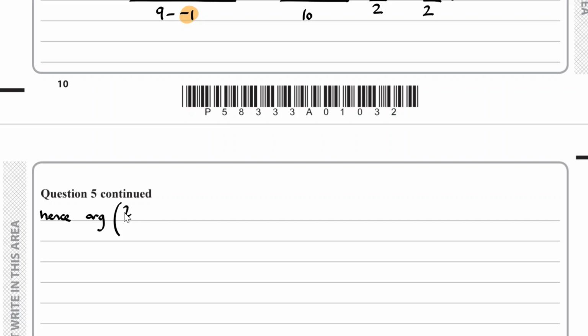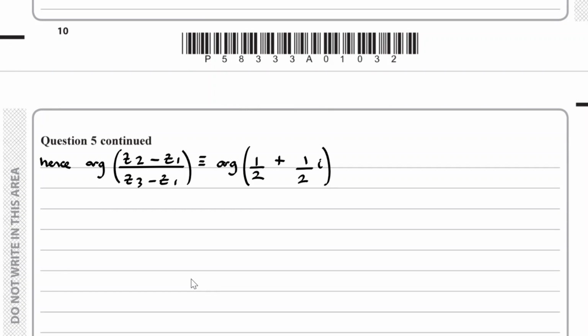So the argument of z2 minus z1 over z3 minus z1, that's the same as finding out the argument of 1/2 plus 1/2 i. Okay? And to find out the argument of this, that's quite easy.